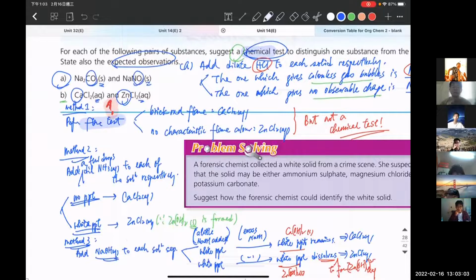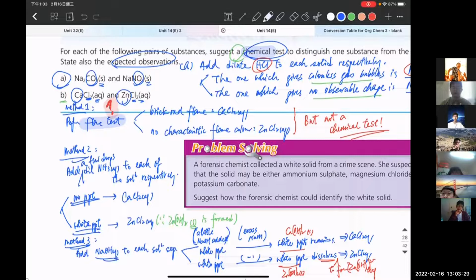But if you ask the same questions with the term identify, you also need to give one more test to show that the anion is correct before you tell it is an identification. So take a look at the example of B part: if you're asked to find the identity of calcium chloride, you need to do two tests.